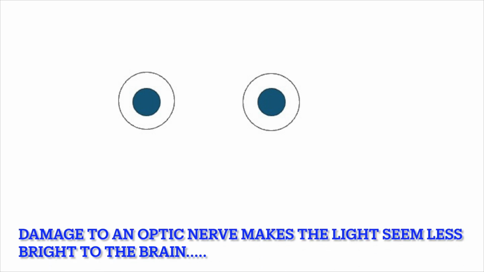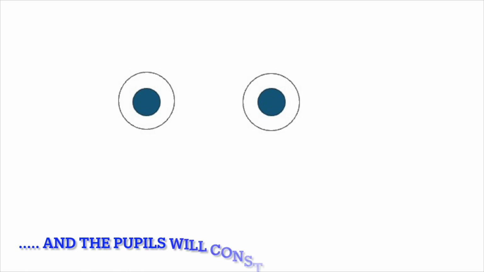If you get damage to one of your optic nerves, light will seem less bright to the brain, and the pupil won't come down as much as it would if the nerve was completely intact.